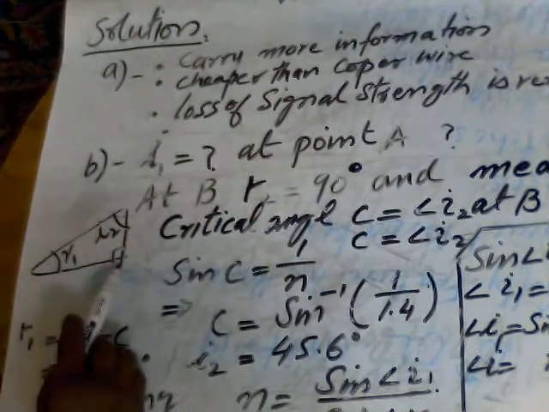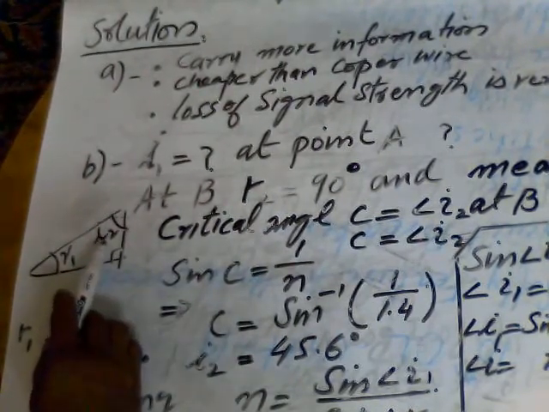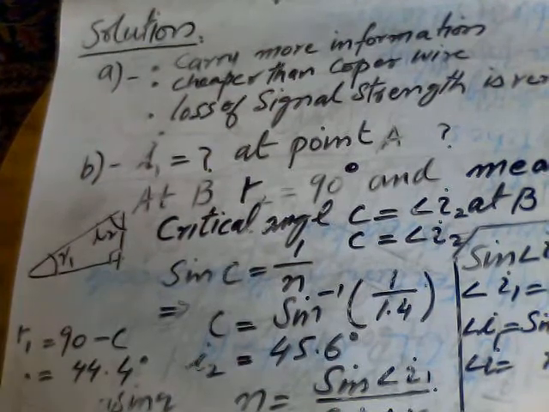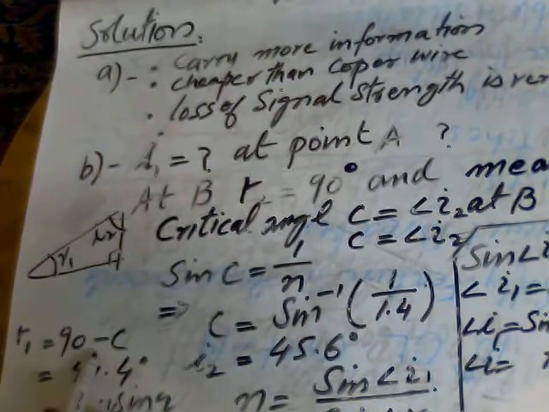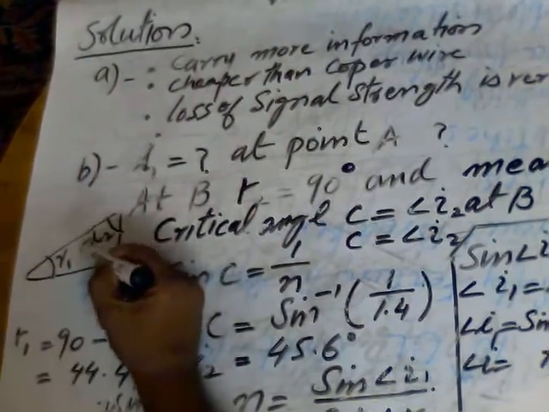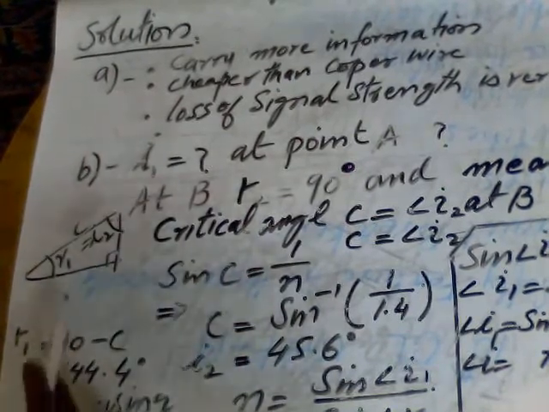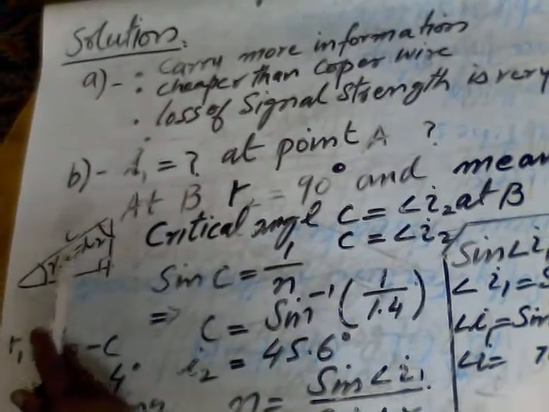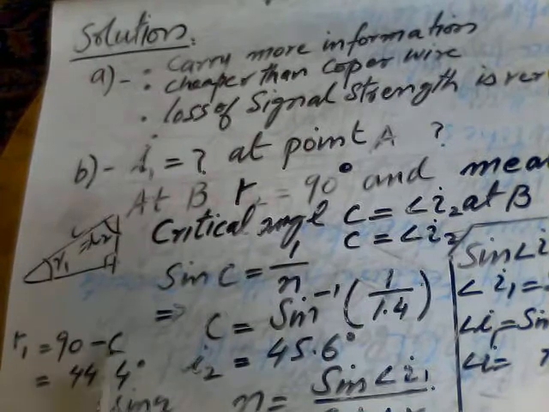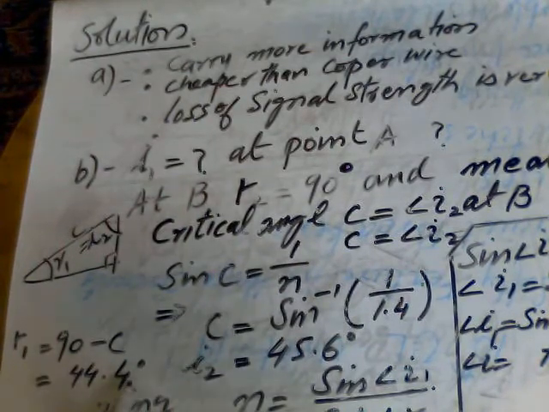Now 90 minus angle I2, and this angle is also the critical angle. So 90 minus C, that is 44.4 degree.